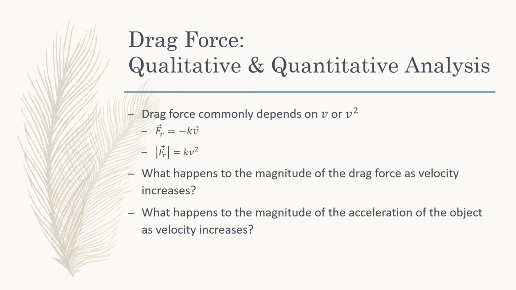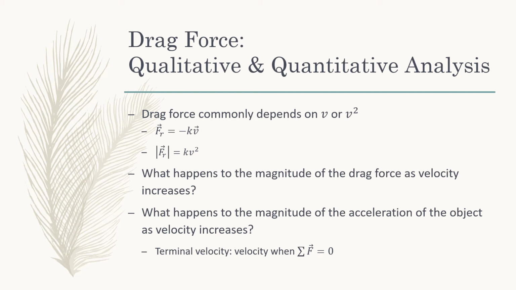And so as the drag force gets bigger, the acceleration often gets smaller, especially for objects that are falling in the air. When something is falling, it has the gravitational force pulling it downward and then a drag force pushing it upward. So as that drag force increases and increases, eventually it gets to a point where the drag force has the same magnitude as the gravitational force.